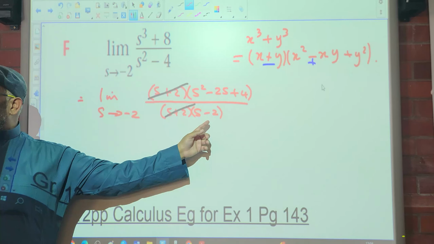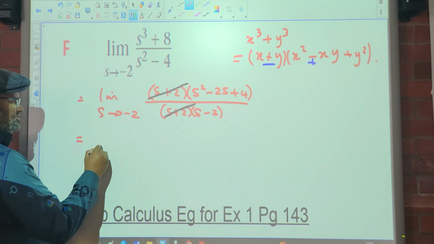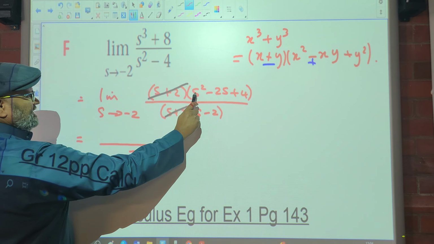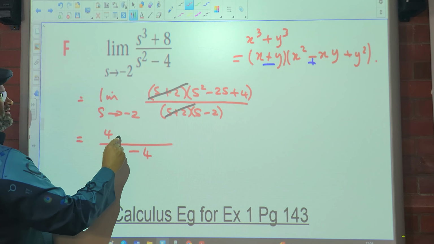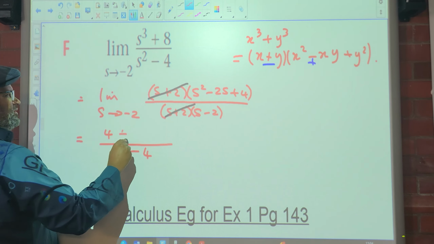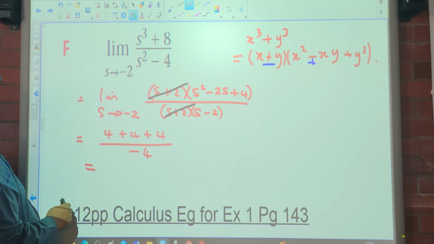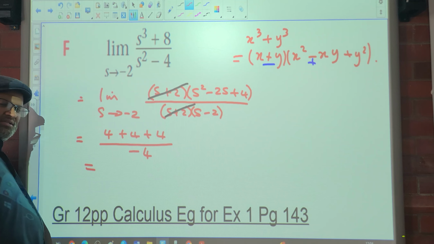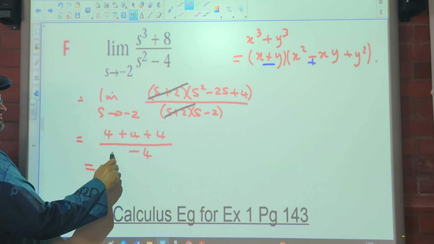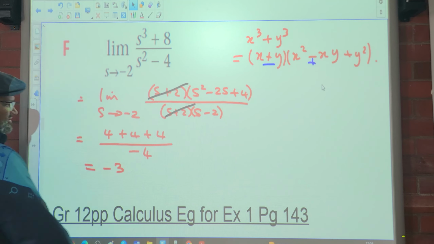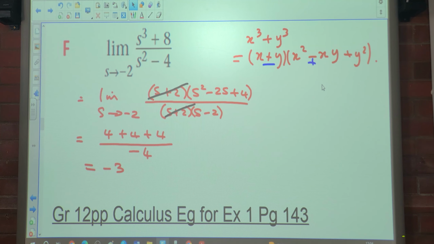The denominator will give me negative 4. In the numerator, negative 2 squared is 4, negative 2 times negative 2 is positive 4, plus 4. What's 4 plus 4 plus 4? 12, divided by negative 3. Now negative 4. Easy, no?